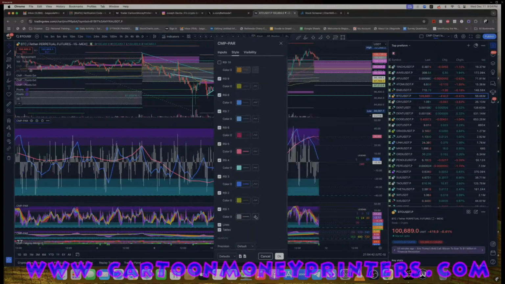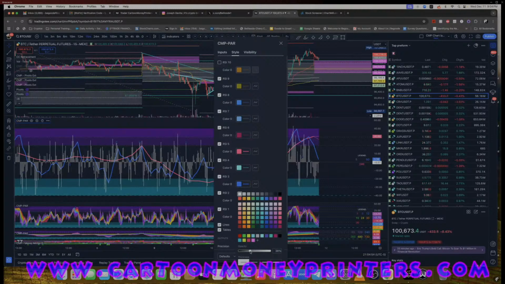And at 1, I use the columns. Click on that. And for this one, I'm making it a little bit dull. It doesn't matter the thickness because the columns are always going to be the same thickness.